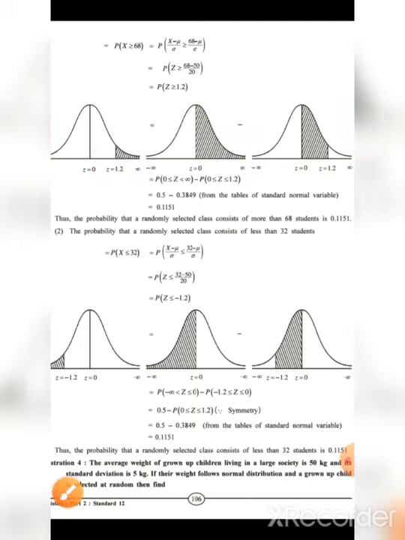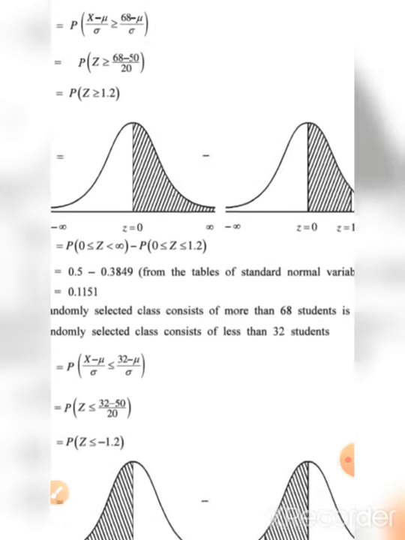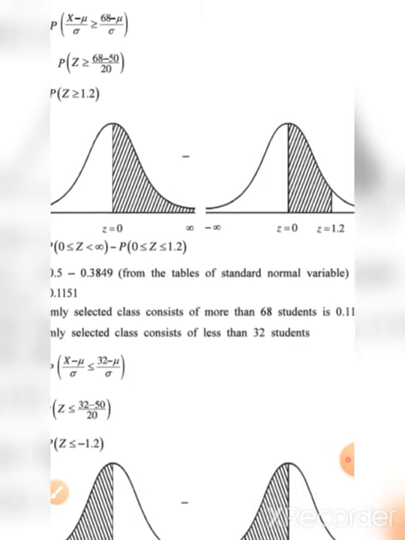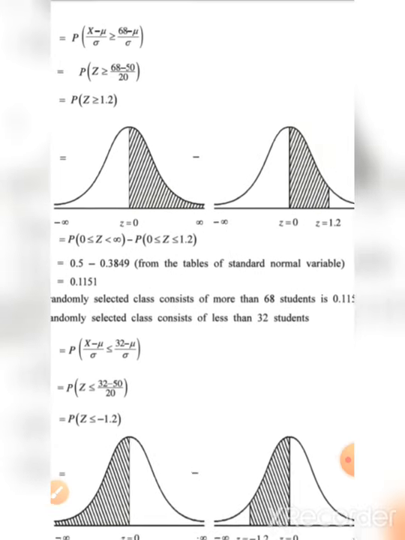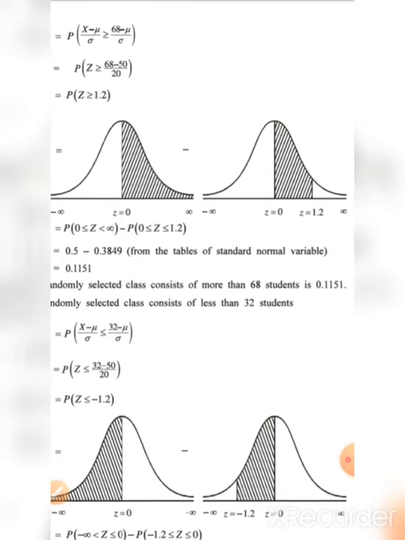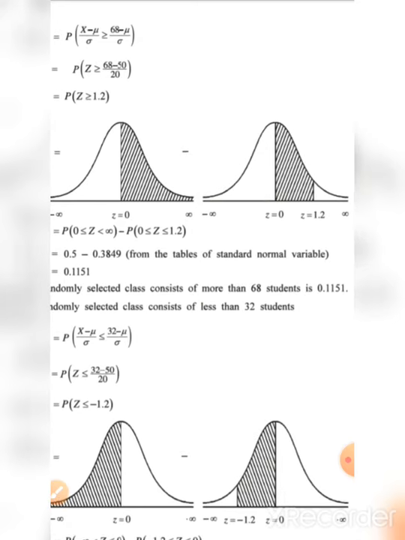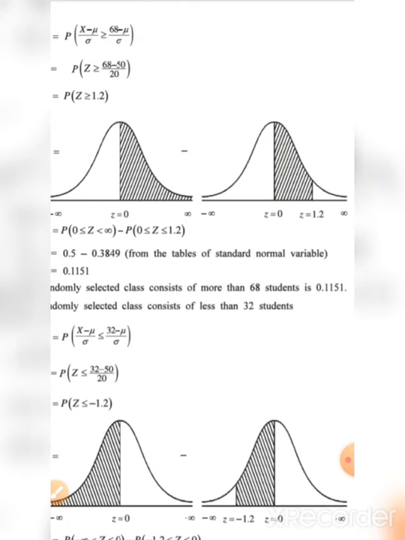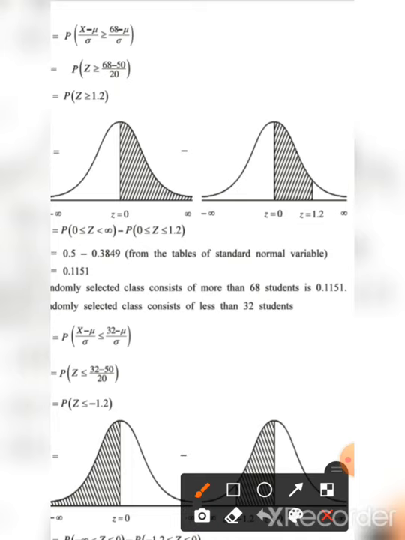Now this diagram we need to convert into the formula. I want to show you on the screen the formula and the diagram simultaneously. So this is the adjustment I have done. All right, first of all, from 0 we need to have the area till infinity. So you would find over here P of 0 less than or equal to z less than infinity.